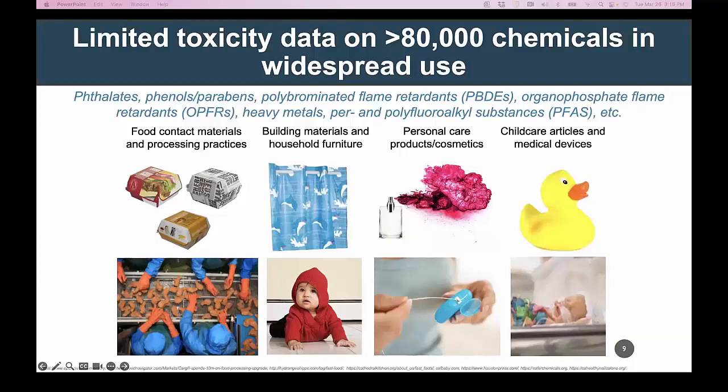Flame retardants like polybrominated diphenyl ethers or OPFRs. Heavy metals like lead and mercury. And then we have per and polyfluoroalkyl substances, or PFAS. Again, we're going to be going into more detail about that during this talk, but they're typically used for their stain and water resistant properties.